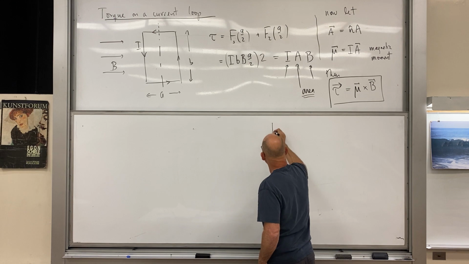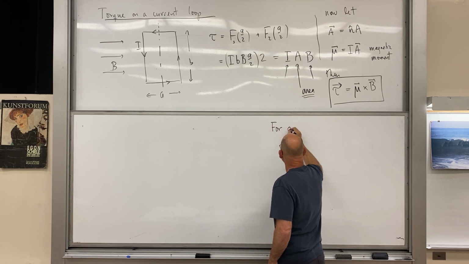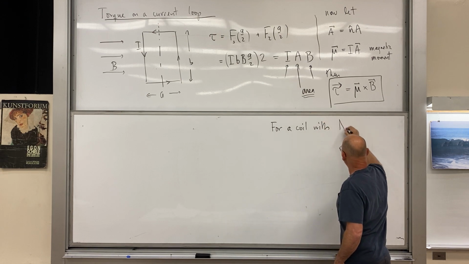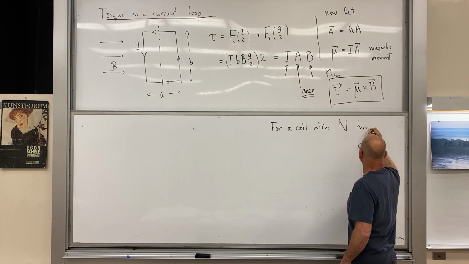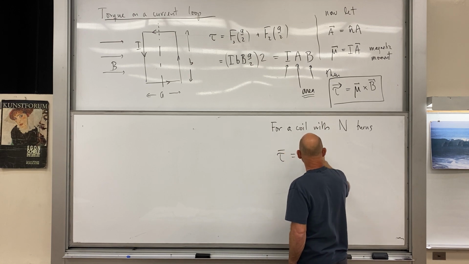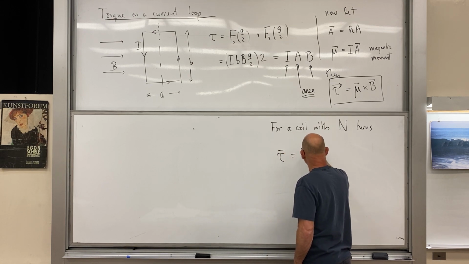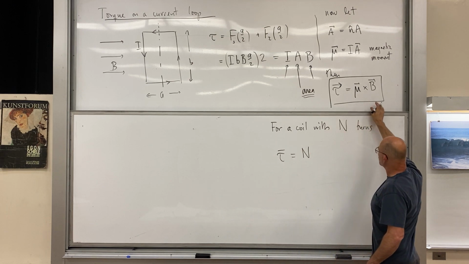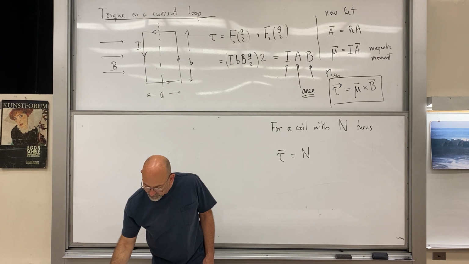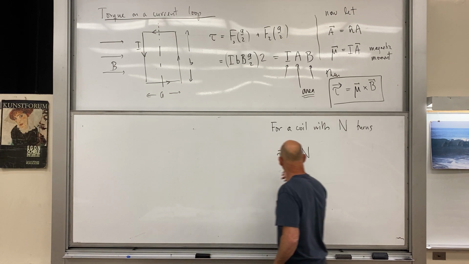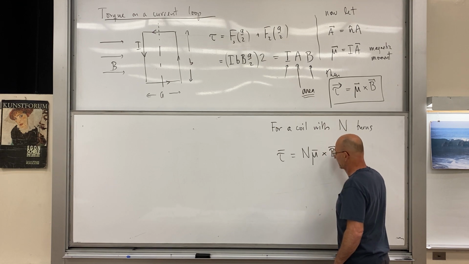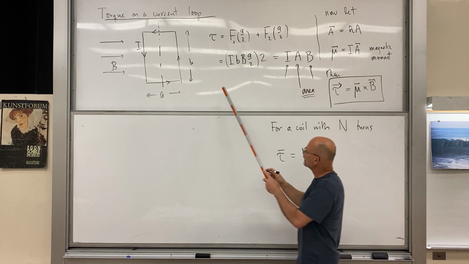For a coil with n turns, torque is just going to be n times mu cross B. Make sure that's what I'm running with. Yes, that's what we're running with. N mu cross B.